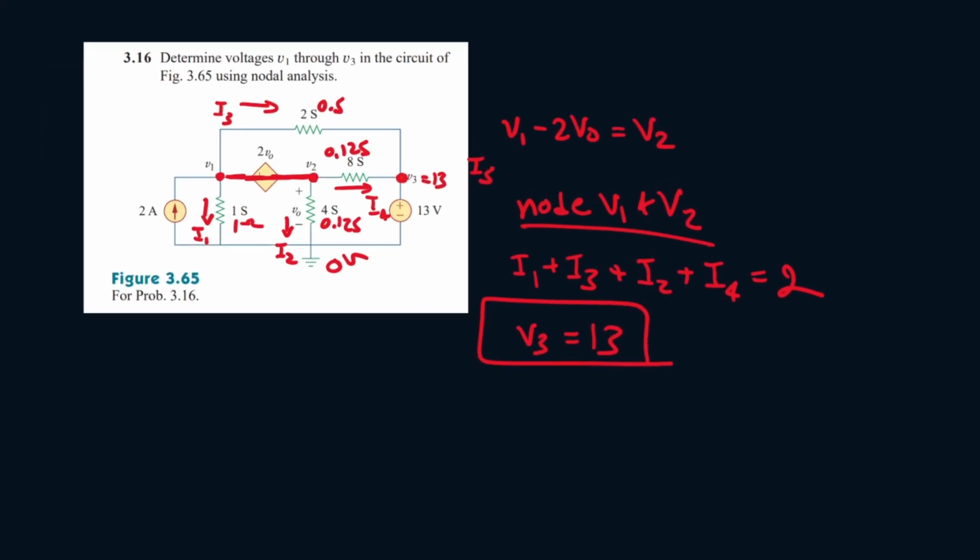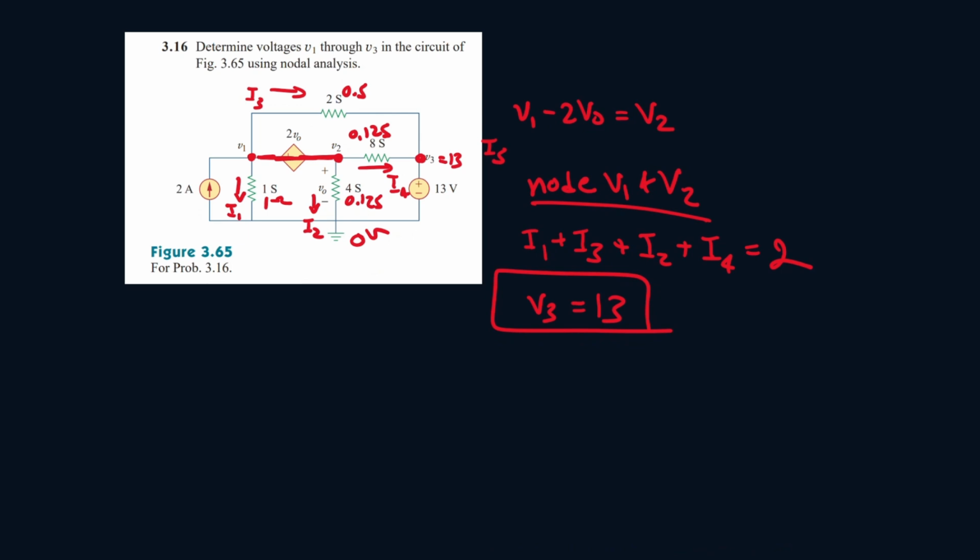All right, so let's find an equation to represent our I values. Okay, so I1 is equal to V1 over 1. So I1 is just V1. I2 is equal to V2 minus 0 all over 0.125, which is just 8V2.